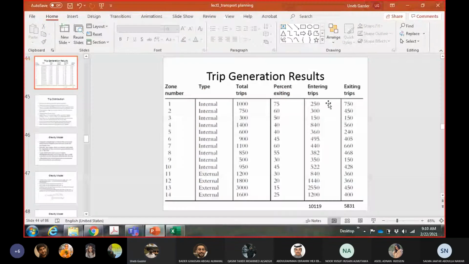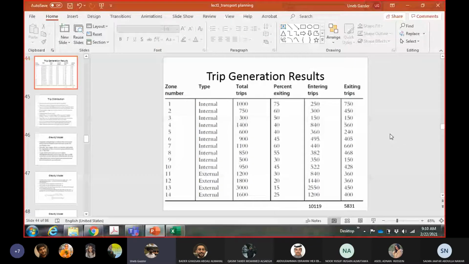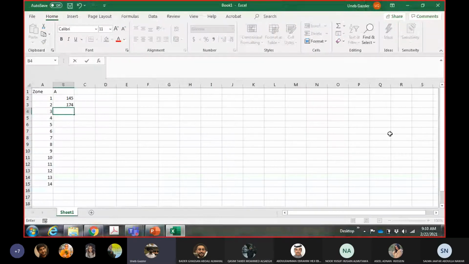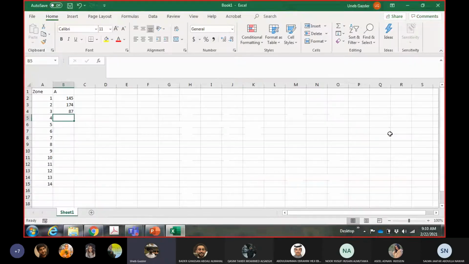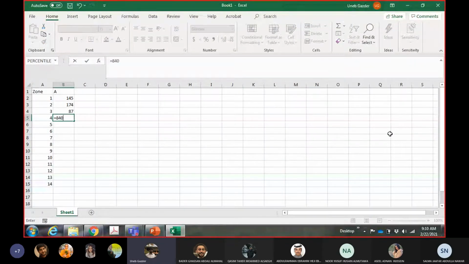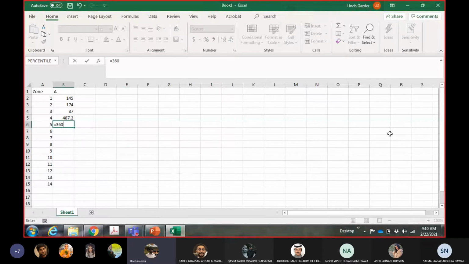So then 300 into 0.58. Then 150, then 840, then 360.